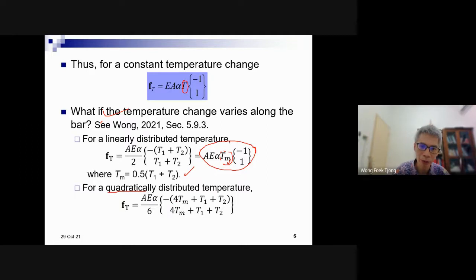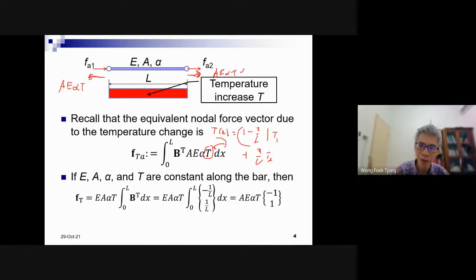But for quadratic, the formula is a little bit complicated. The formula is given. The contribution of the middle temperature is higher than T1 and T2, because we have three data for the quadratic temperature. It means the temperature change at node 1, T1, at node 2, T2, and at the middle, Tm. And then the equivalent force is given by this one. How can we obtain this formula? Of course, again from here, using Lagrange interpolation. Then we can express the temperature, and then we can integrate.